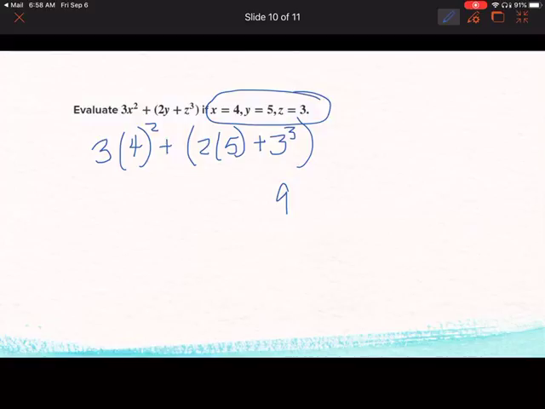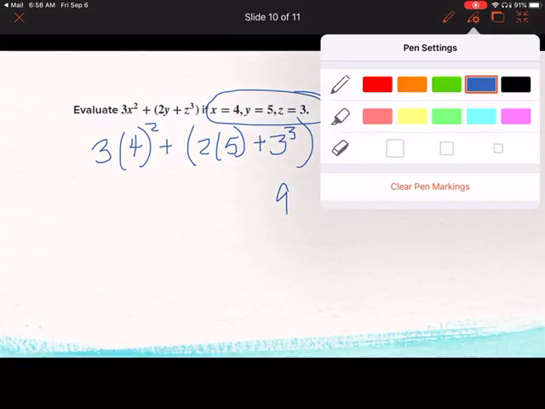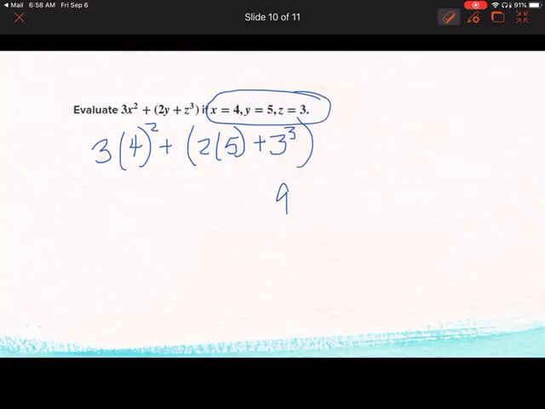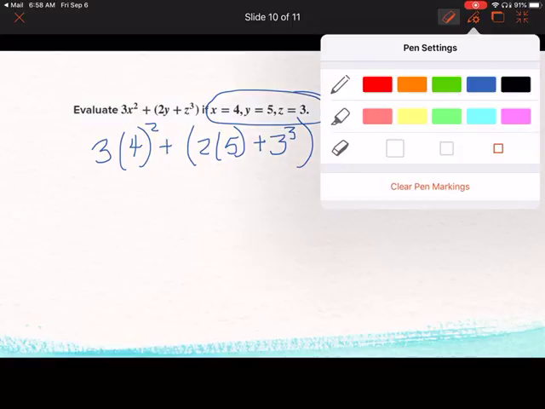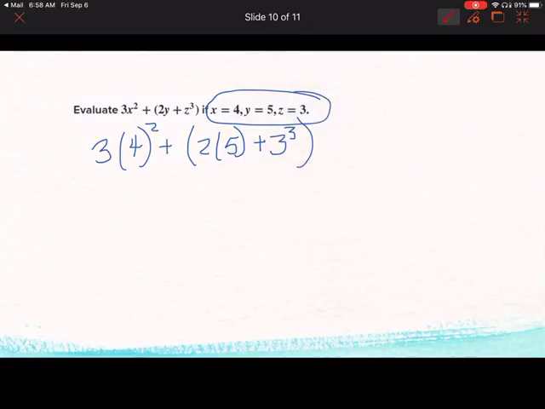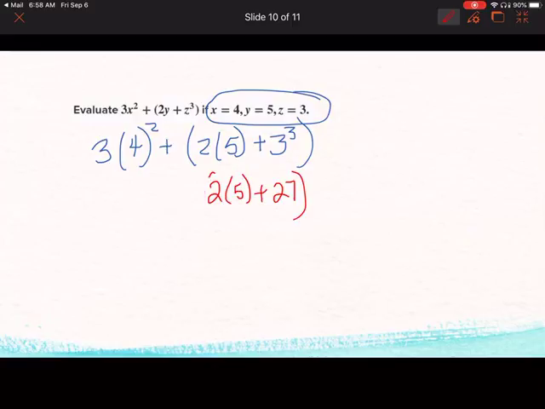Oops. So I did what you guys commonly do, and I did 3 to the third was 9, which it's not. It's 27. So I have 2 to the fifth. That's still in my parentheses. Bring everything else down.